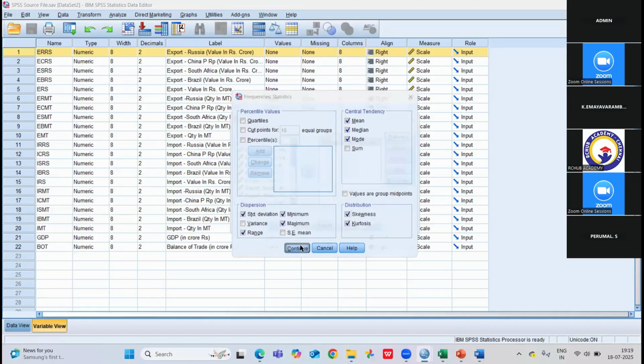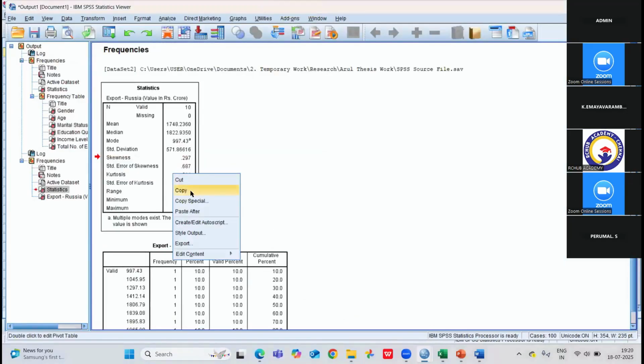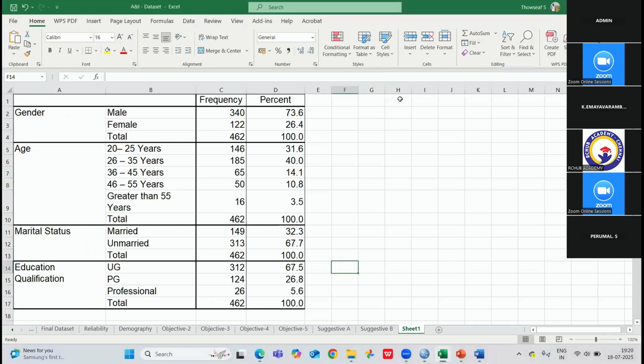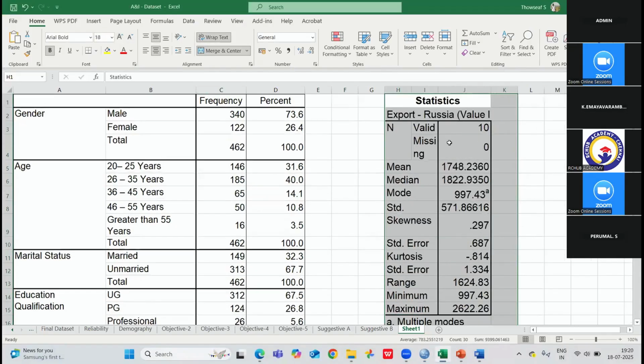Let me click OK. Now I got this output. Let me copy paste and increase the font size.